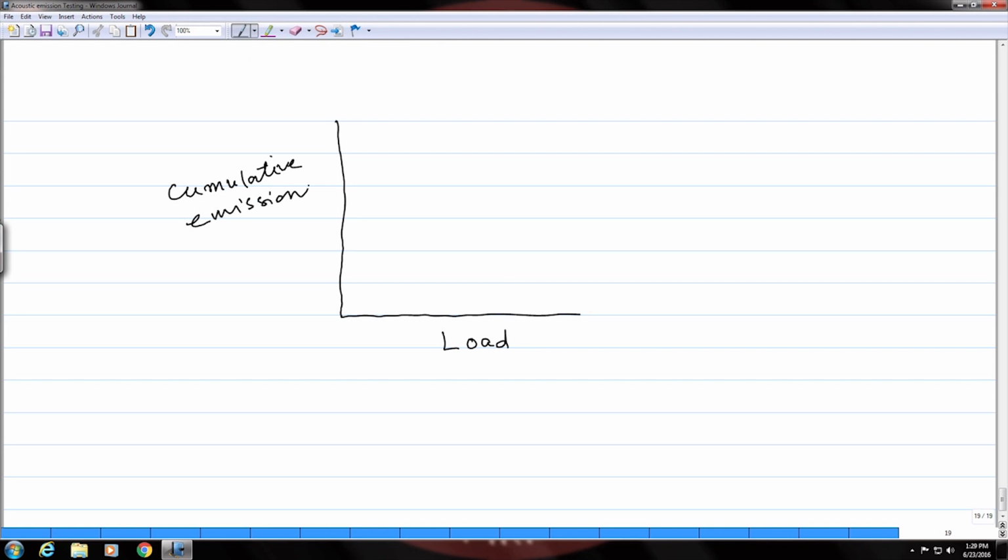Okay. So, as you increase the load, you can expect the emissions also to increase like this. So, this is the loading cycle. Let us call that as AB. Okay. Then you unload it. So, BC is unloading, and then you again reload it, which is CB.